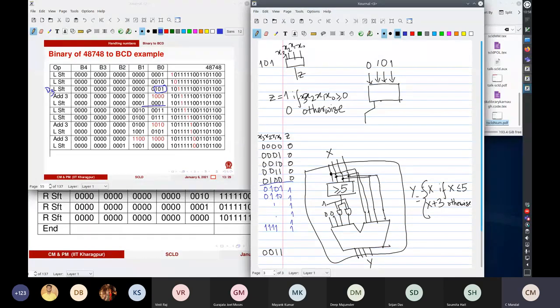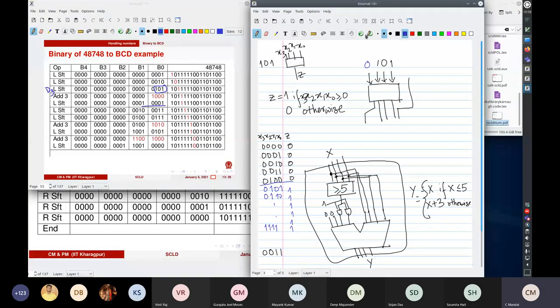This result you are going to get here, and this bit you are going to get from, this is the fourth bit. Let me put this in blue, just to indicate that this is not the input bit.